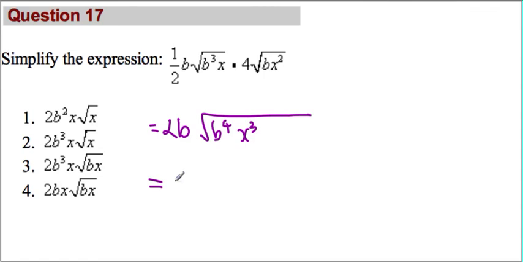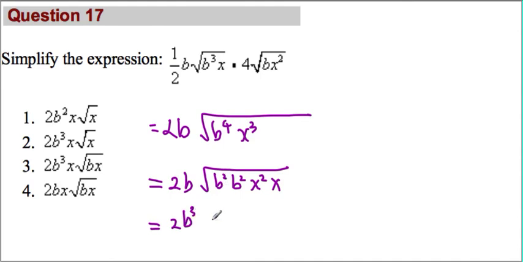But if you have to rewrite this one, we have 2b square root of b squared times b squared times x squared times x. Then 2 was already outside. We have b, but with 2 more b's coming out, so we have b to the third power altogether. x squared comes out, we have x square root of x. That becomes our final answer, which is choice 2, it seems.